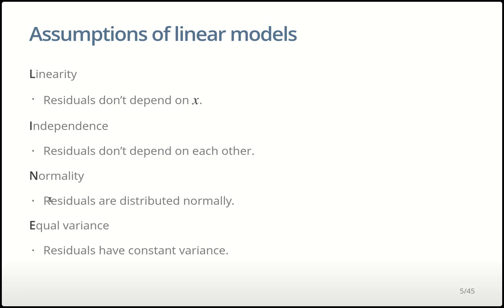Normality, this is the least important because we've got the central limit theorem, but we do make an assumption that the residuals are distributed normally, and of course usually that assumption will be broken, but generally it doesn't matter. As long as your sample size is large, then whether the residuals are normal or not doesn't actually affect the distribution of the estimates of the alpha and the beta.